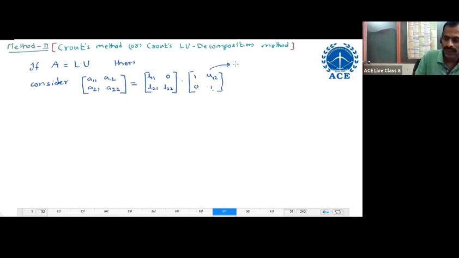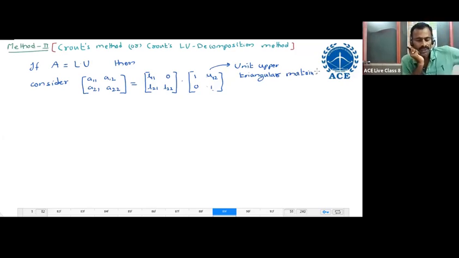Now this is the unit upper triangular matrix. It is the only difference. According to Doolittle's method, we consider the lower triangular matrix as unit lower triangular matrix. According to Kraut's method, we consider the upper triangular matrix as unit upper triangular matrix.